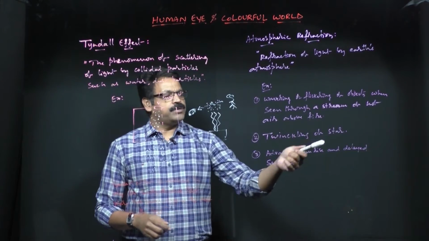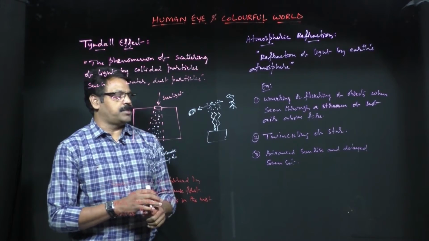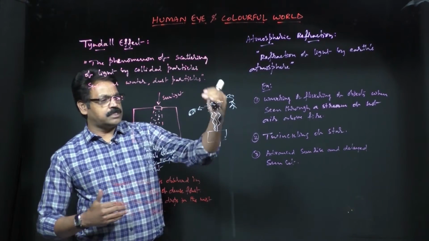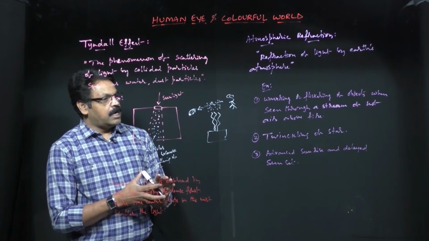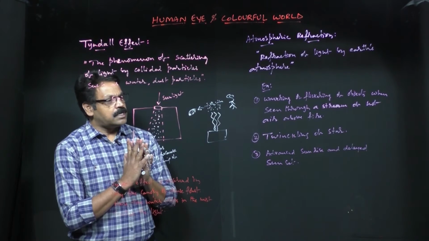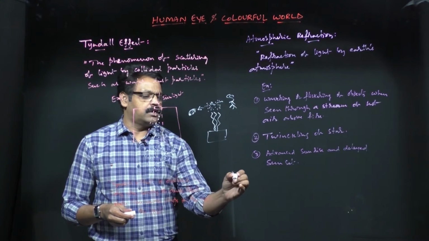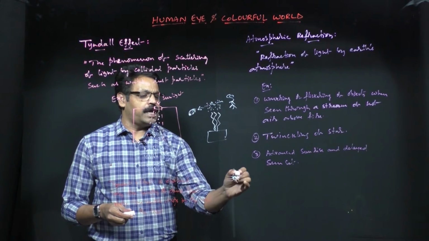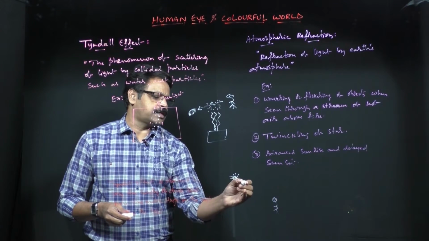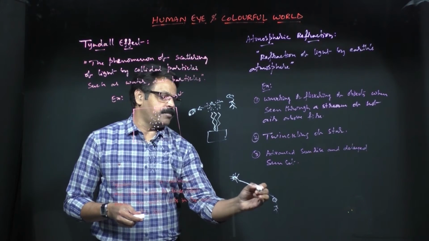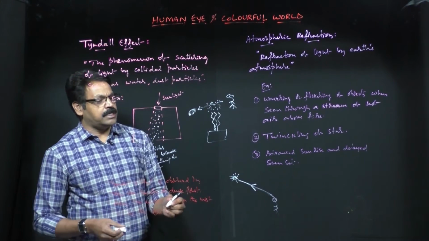And one more example you can think of is the twinkling of stars. Twinkling of stars is also the same thing. When you are observing a star, you can look into the figures provided here. If the atmospheric conditions are not changing, and right from the star to the earth you have the same atmospheric conditions, then the star always seems to be at the same intensity, the same brightness, the same luminosity, everything.